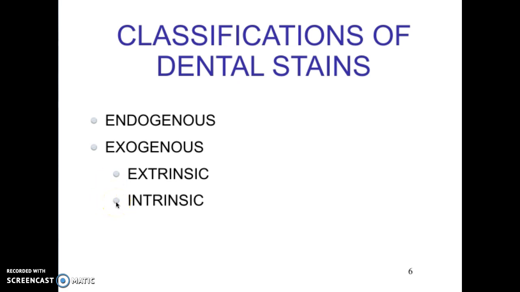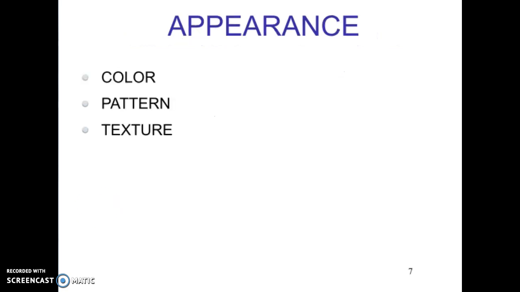An intrinsic stain caused after the tooth has been developed would be staining from dental treatment, like the amalgam, or the enamel is discolored because of endodontic treatment. So those would be examples of staining that are in the tooth structure that cannot be removed by polishing.